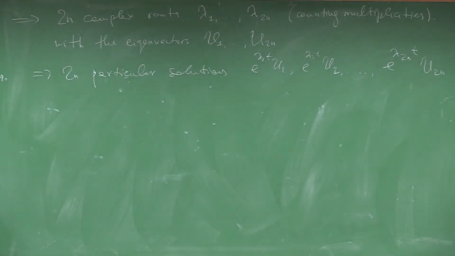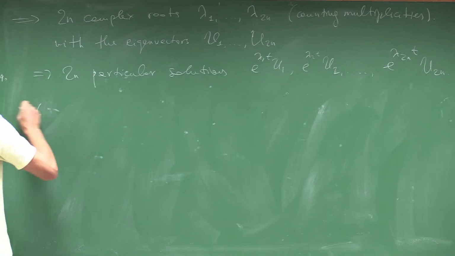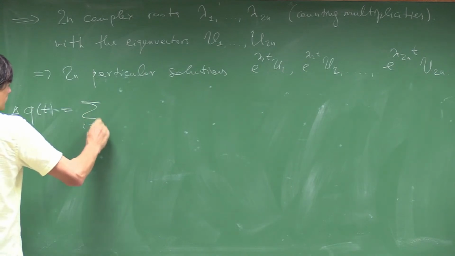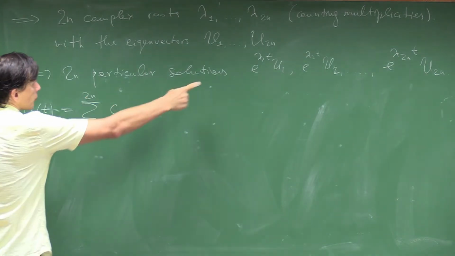Since the equation is linear, we can take linear combinations. So we can find a solution in the form of a linear combination of these solutions.